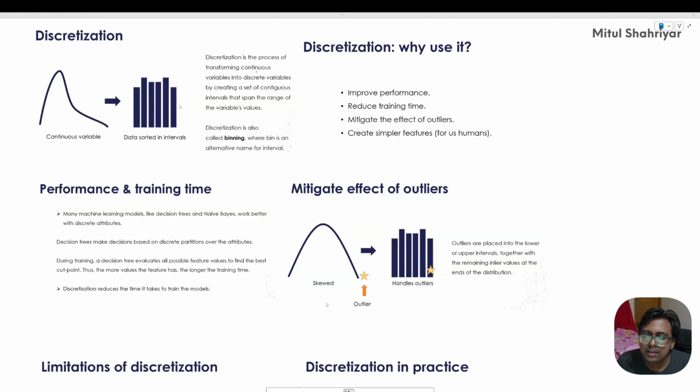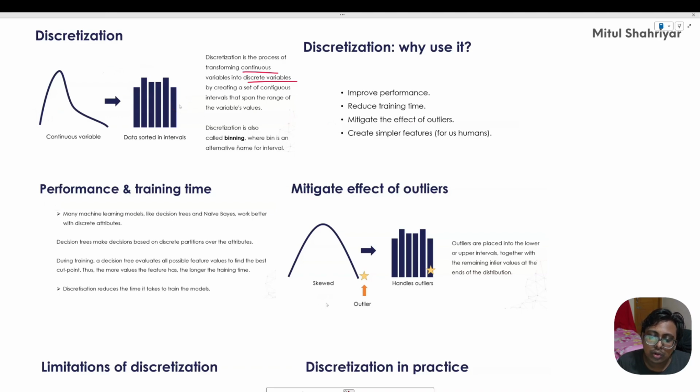So discretization is basically the process of transforming continuous variables to discrete variables, by creating a set of contiguous intervals that span the range of the variable's values.